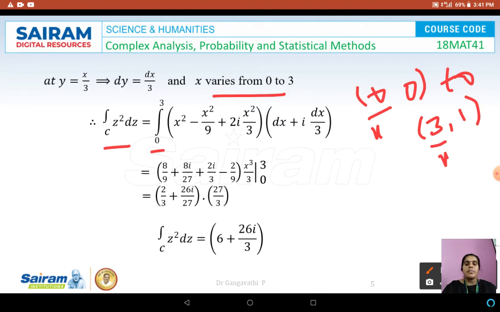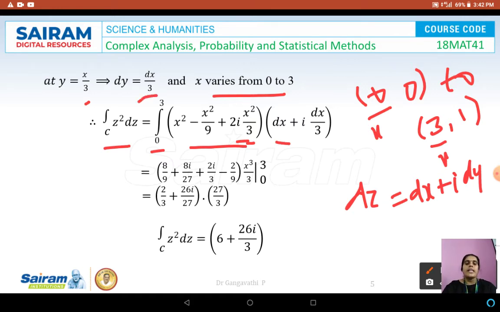Z square on expanding gives x square, and y is replaced by x by 3, that is x square by 9, and 2i into xy, so x into x by 3 gives x square by 3, and dz was dx plus i dy. So dx is as it is, and dy is replaced by dx by 3. We have made the substitution, and the remaining is all the simplification part.